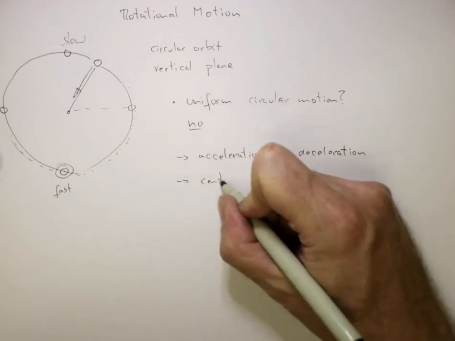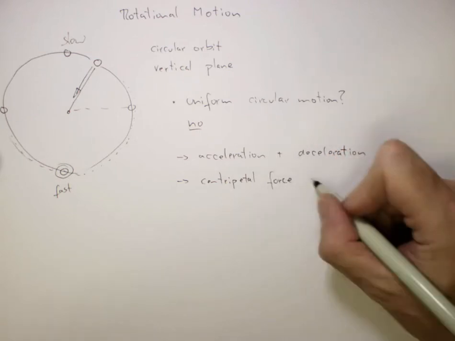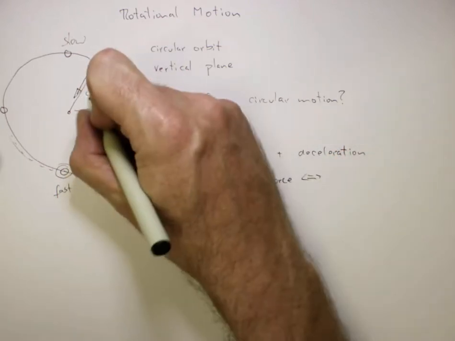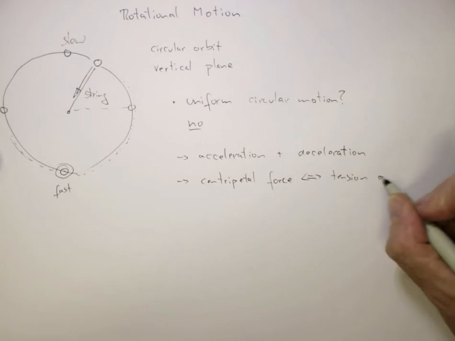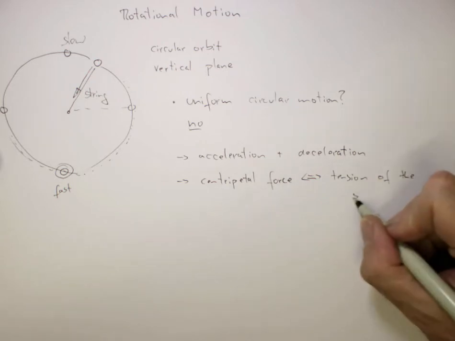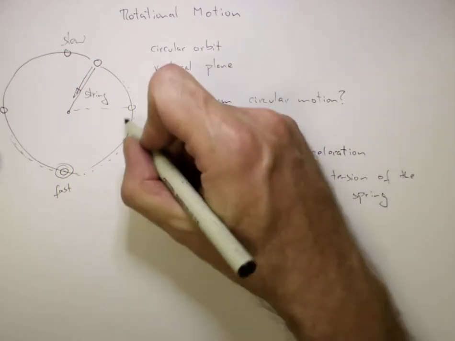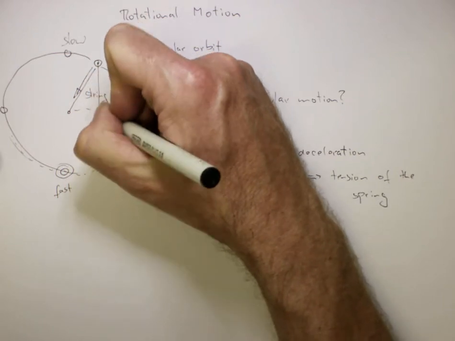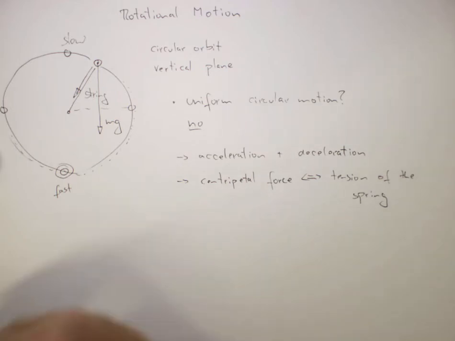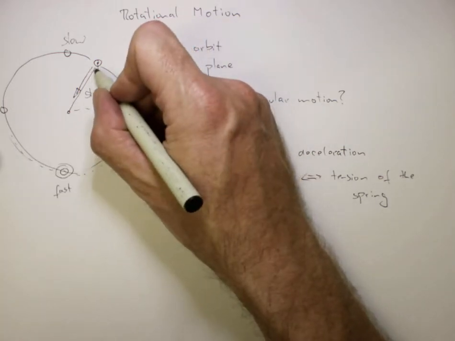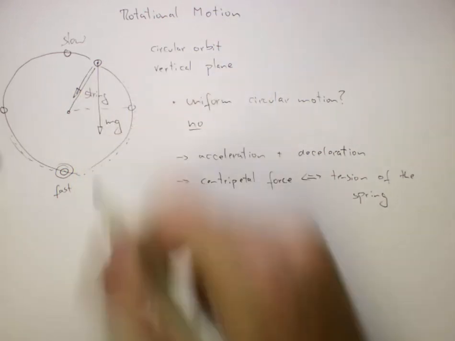So we have the centripetal force, which is provided by the tension of the string, and we have gravity acting on it, but only a component of gravity, because at this point the weight of the ball is mg, and some component of this reduces the tension in the string because it acts in the radial direction.